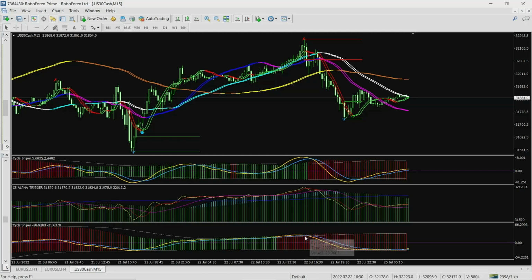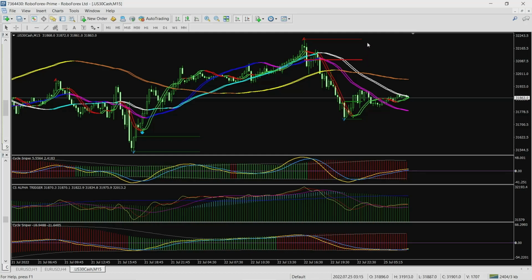So we have Cycle Sniper set 2 in the second sub window, but we can see that obvious breakout here, the signal.